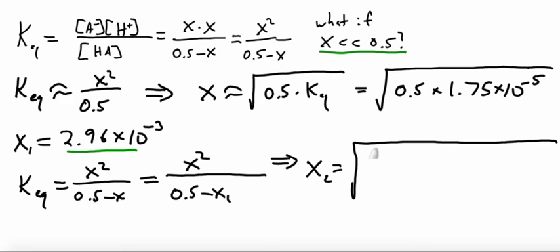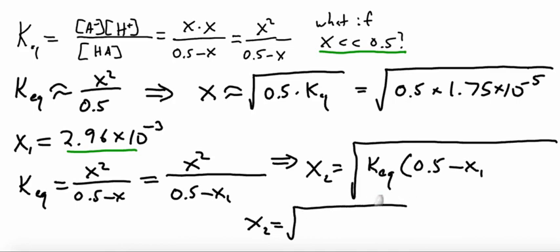So we multiplied k equilibrium times 0.5 minus x1. If we write that out in full, we get x2 is the square root of k equilibrium, 1.75 times 10 to the negative 5, times 0.5 minus x1, and x1 was 2.96 times 10 to the negative 3.